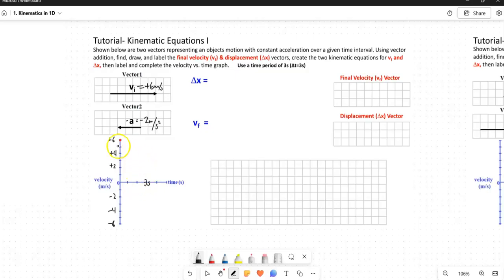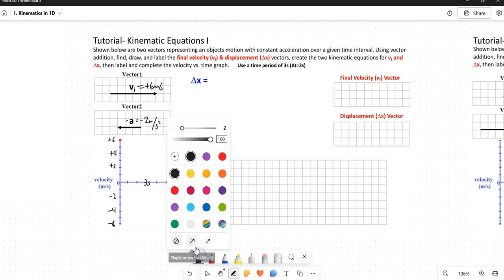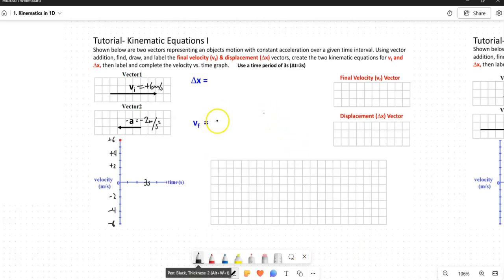Our data starts here, and we need to figure out what the final velocity will be at the end of that. Now, you should note the equation for V final is this. The basic equation is a delta t plus V initial.